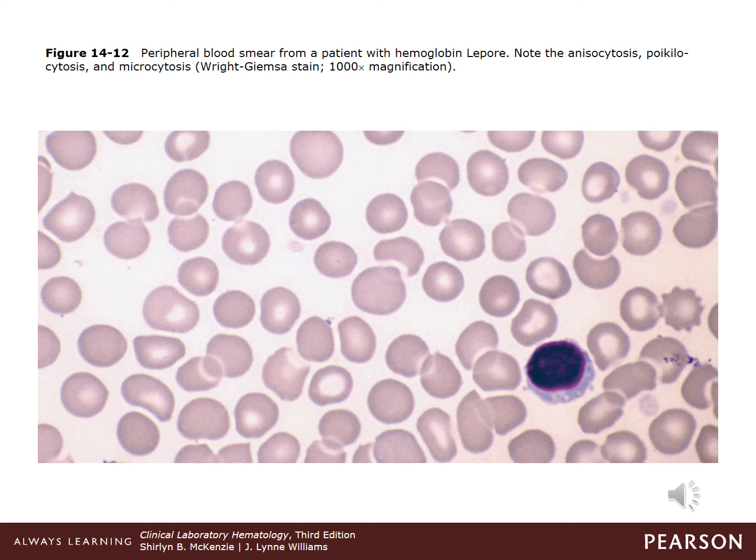It's a beta and delta globin hybrid. It's caused by unequal crossover during meiosis and forms a fusion gene, and a lot of the times this is seen on your board exams, so I'm listing it here as a delta-beta gene fusion. It combines with alpha chains to form hemoglobin Lepore.